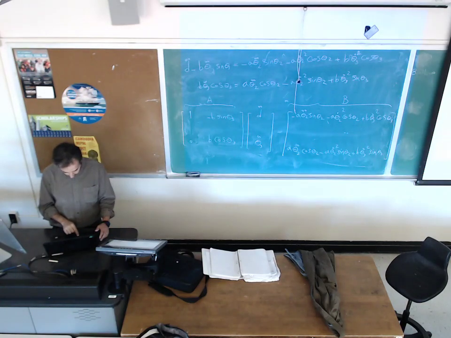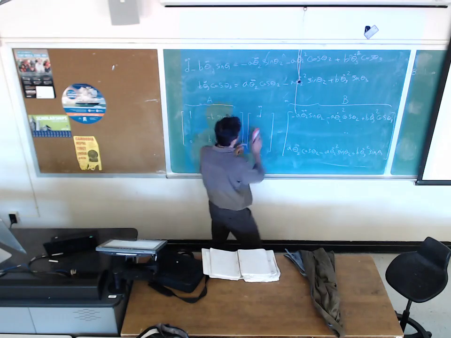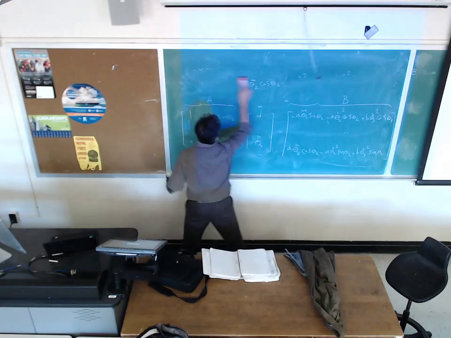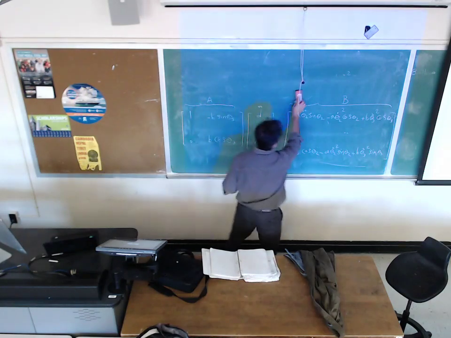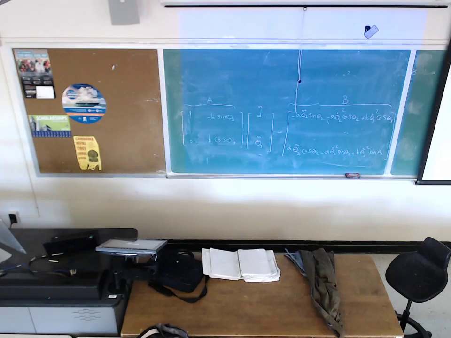So let's work on this example. We are given an offset slider crank with the length a of 3 inch, b is 8, and the offset is 2.